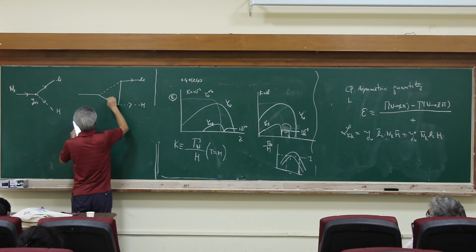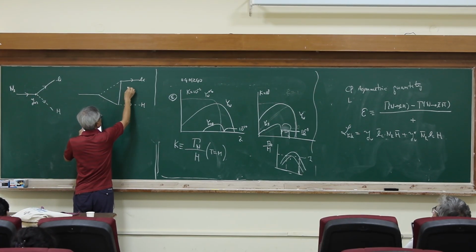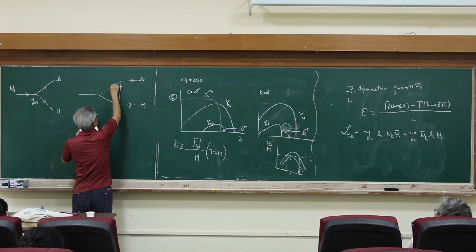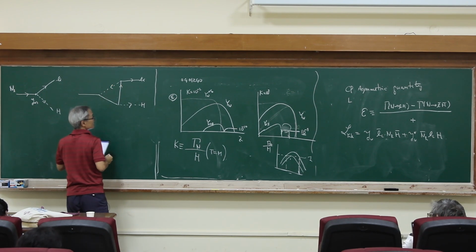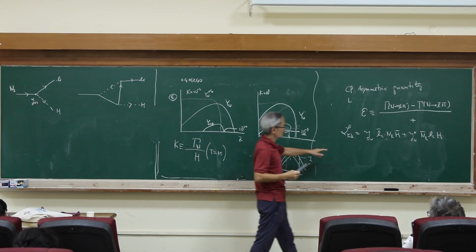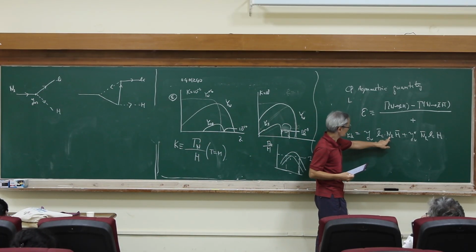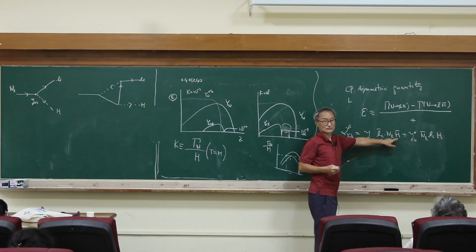And then, okay, if you remember the direction of the arrow, here we have coupling. So if N comes in, L and H going out.